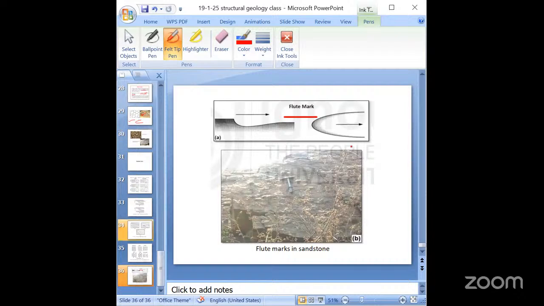They also include flute casts, which are grooves eroded by turbulent flow and later filled with coarse sediments. These flutes are enlarged depressions that form on the bottom of the water body as the current erodes.